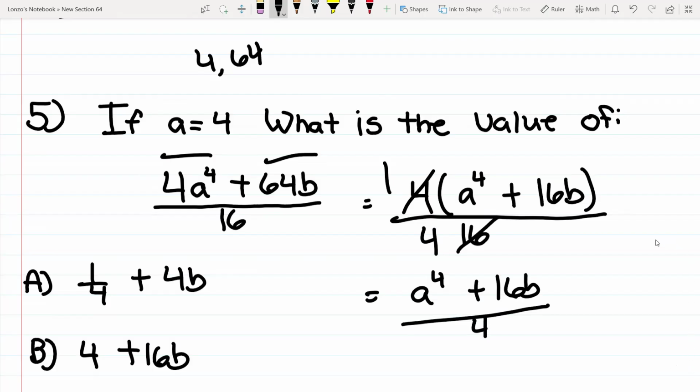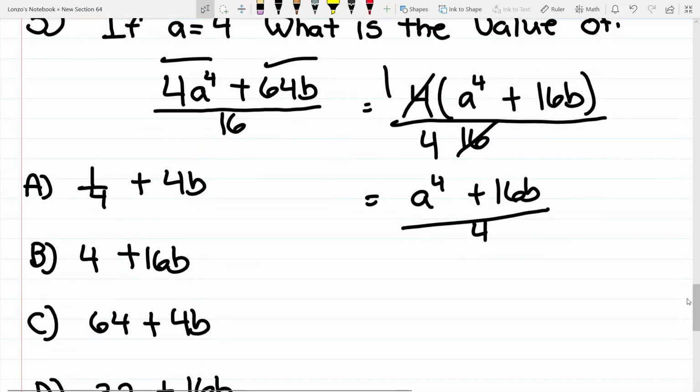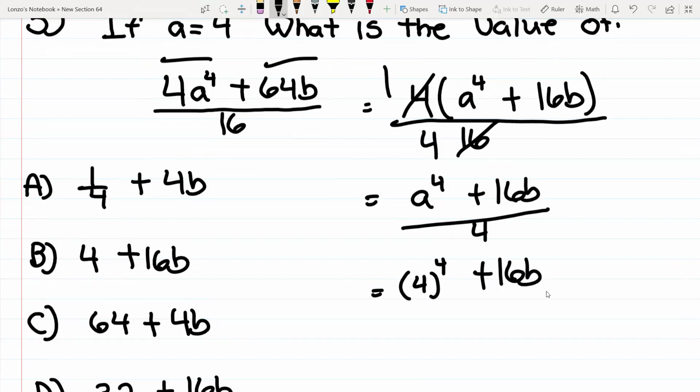And what else can you do? I think what you could do next is, what could we do? Oh, they specifically said replace A with 4. So let's do that. So if A is 4, this is going to be 4 to the fourth plus 16B over 4.